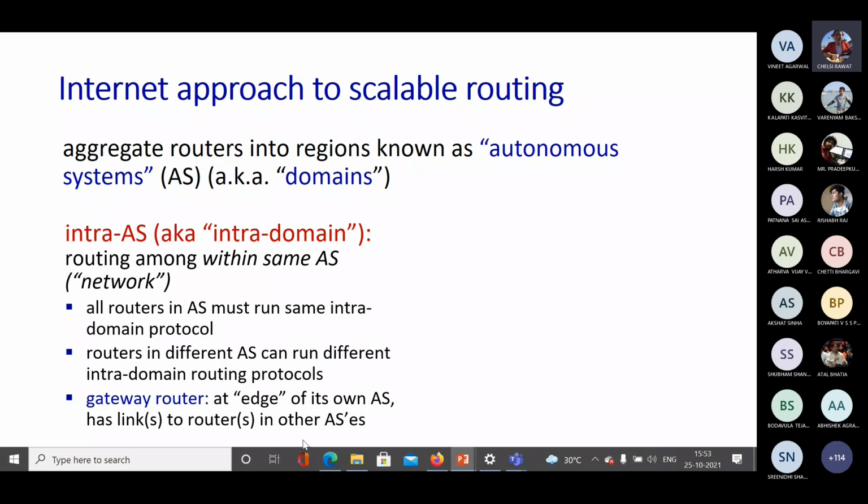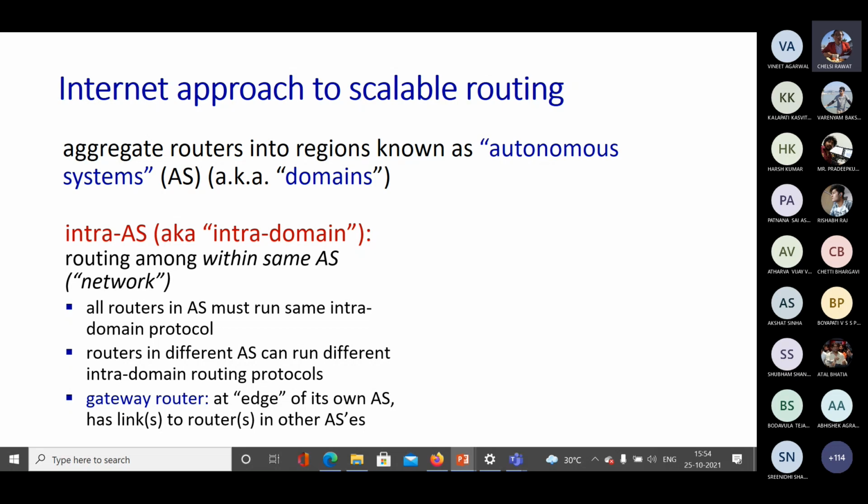And of course, the concept of the gateway router. At the edge of its own AS, the gateway router has links to routers in other ASs. So the gateway router acts as a gateway between a given AS and the neighboring ASs.